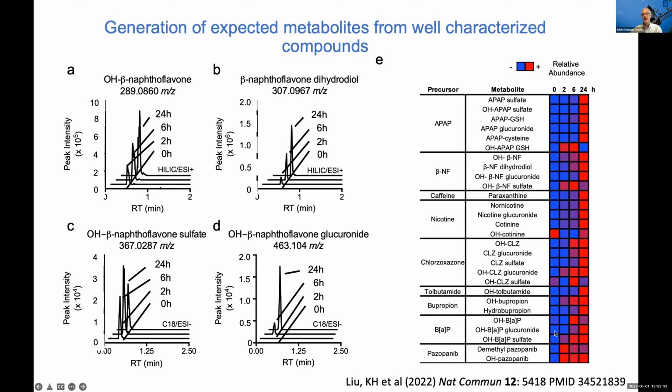And then the heat map on the right summarizes the data for all the compounds used in this small preliminary study, where we found that we were able to detect about 90 to 95% of all the major expected metabolites from these prototypic compounds.